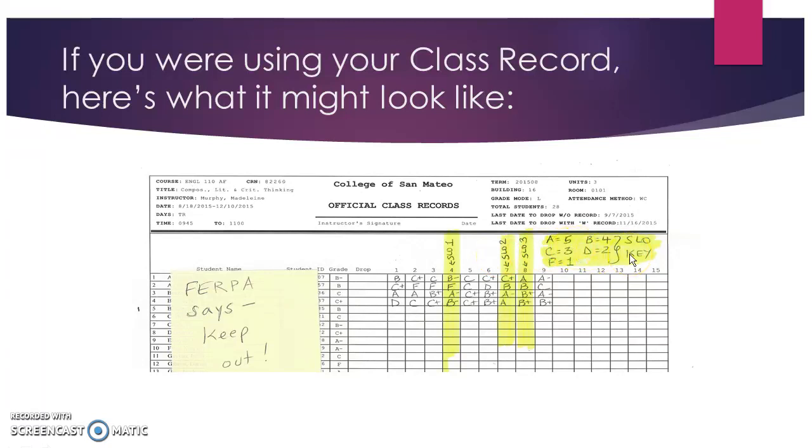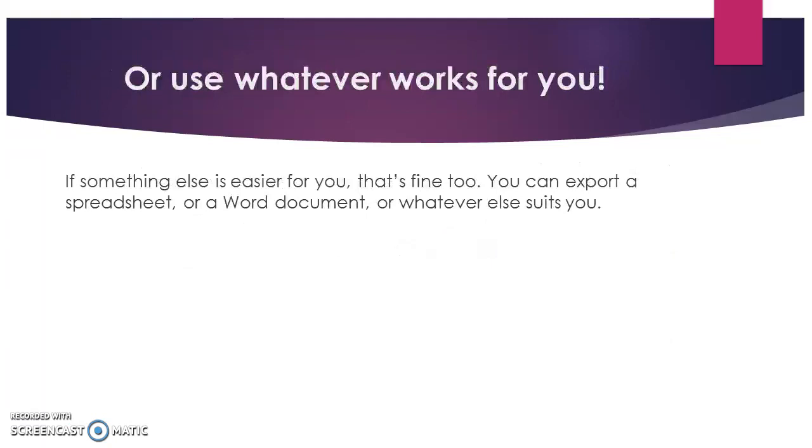And the instructor's included a key. You know, F is 1, D is 2, C is 3, B is 4, A is 5. We could even adopt that as a college-wide policy, and then all you do is highlight the assignments that respond to an SLO, and we'll take care of the rest. Or, by the way, whatever works for you. People really record their grades in all kinds of different ways. So just do what suits you.